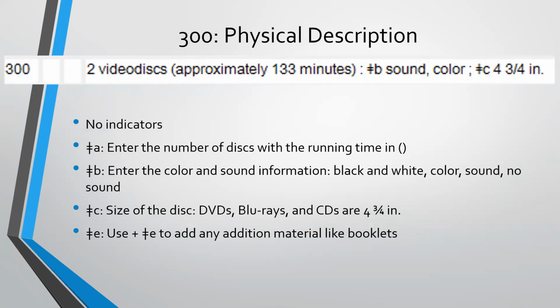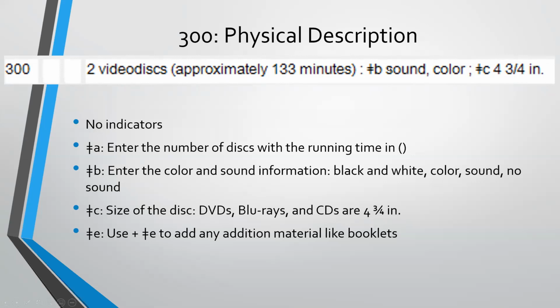300 physical description. So here we have no indicators again, and your subfield A is your number of discs with your running time in parentheses. So we've got 2 video discs, an approximate running time of 133 minutes.